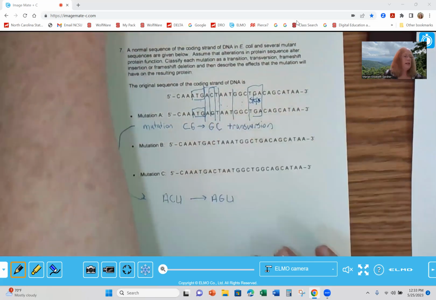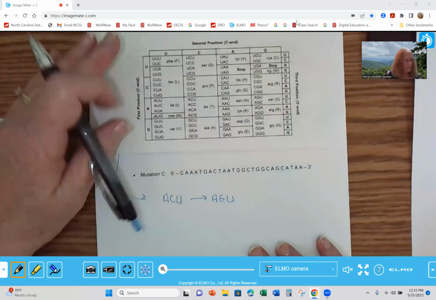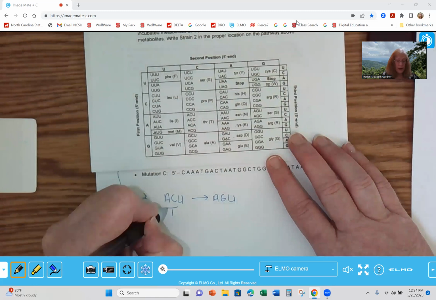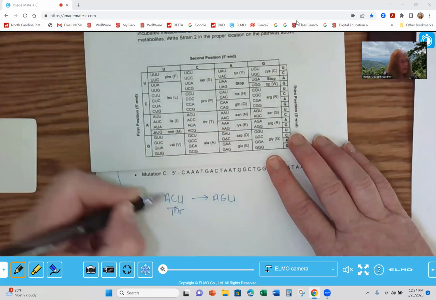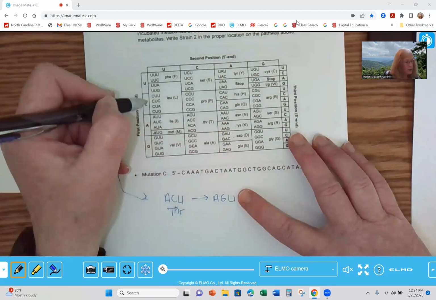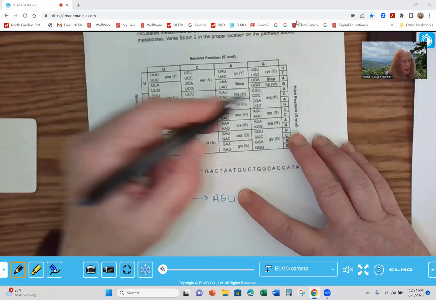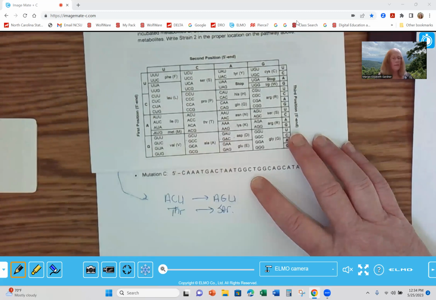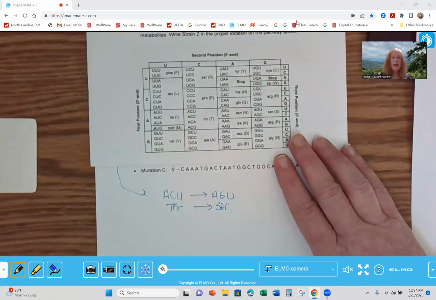Now let's bring in the coding dictionary and see what that means. ACU coded for threonine, and AGU codes for serine. So that is a non-synonymous mutation or a missense.